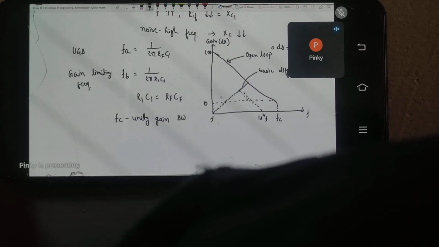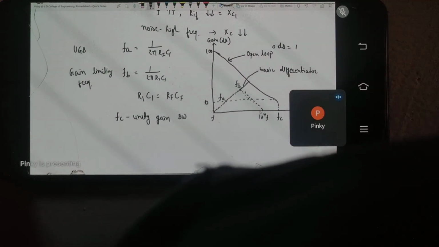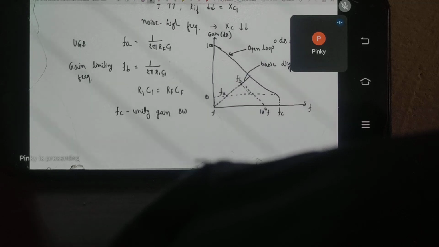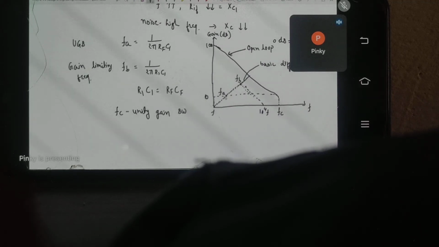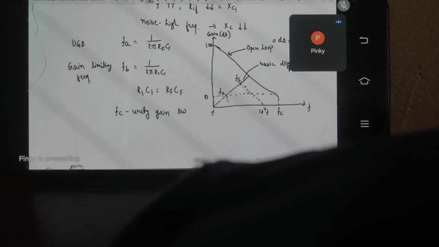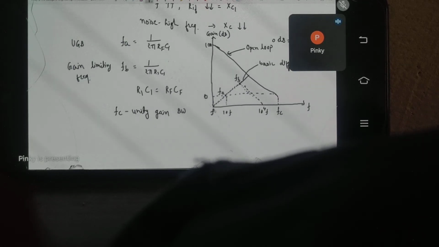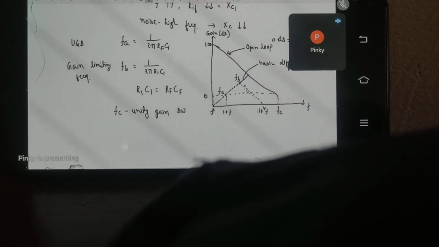This point at which gain is again unity gain is FA, and the frequency after which this gain starts decreasing is called FB. So FB is 1 upon 2 pi R1 C1. FA is the unity gain bandwidth. Students, remember the scale is not starting from 0. It is some reference frequency F, so all these values are in terms of F, tenF, tenF squared, and so on.